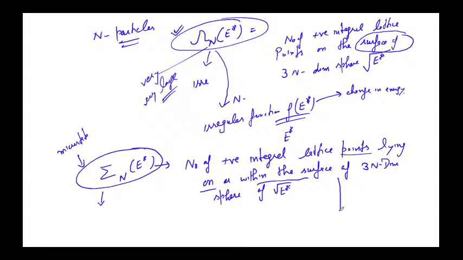These lattice points not only lie on the surface, they can also be present anywhere within this trajectory. This represents the radius of this three-dimensional sphere. This makes the new microstate function more precise and more regular.